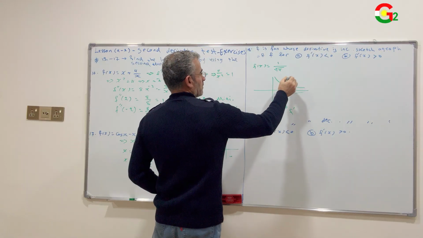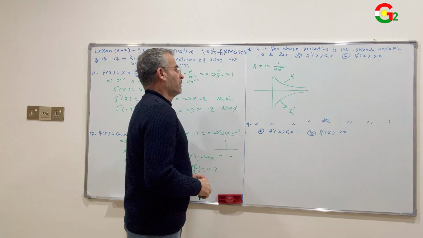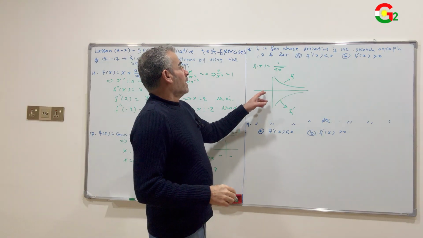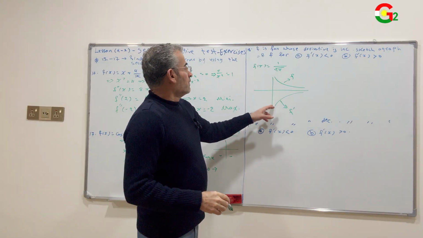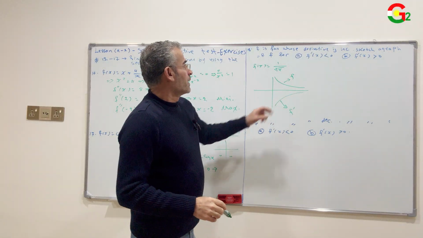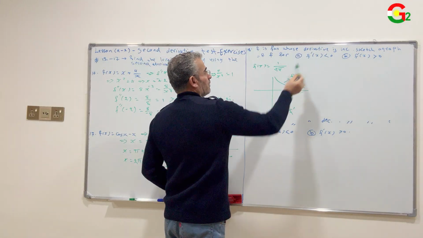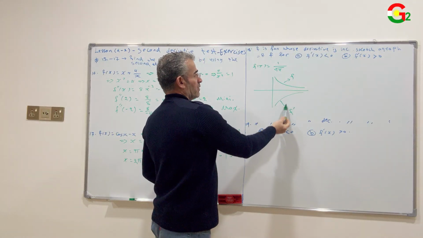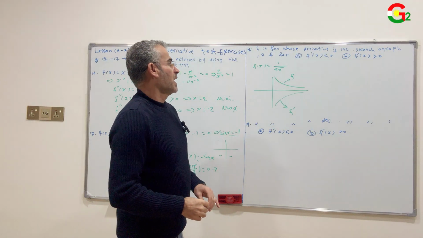This is f prime, this is f. The derivative of the function is increasing, as you see, and f prime of x is less than 0 since it is under the x axis.